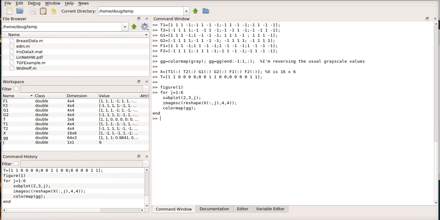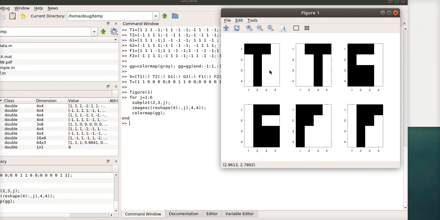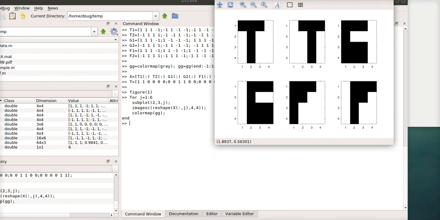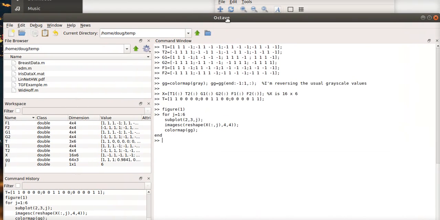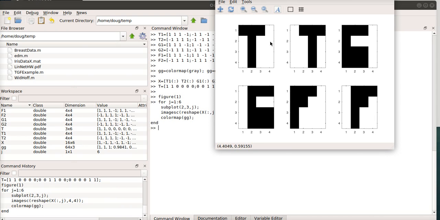I need to execute that. There we go. Good, so you see the same figure as in the book. Now I should mention, what's interesting about this example is that translating letters like this forward in X really makes them difficult to figure out if they're the same letter or not. What I mean by that is, if you were to take the Euclidean distance between these two matrices, do you see that they would be completely different?